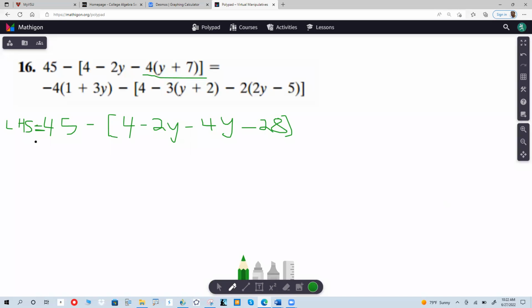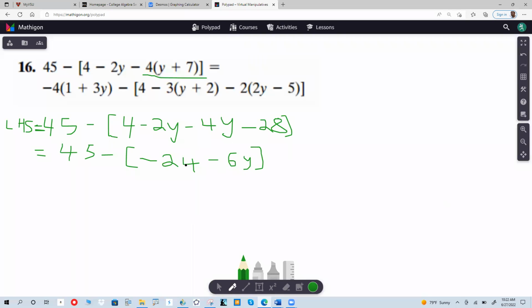This is equal to 45 minus, okay, 4 minus 28 is going to be minus 24. And minus 2y and minus 4y is negative 6y.